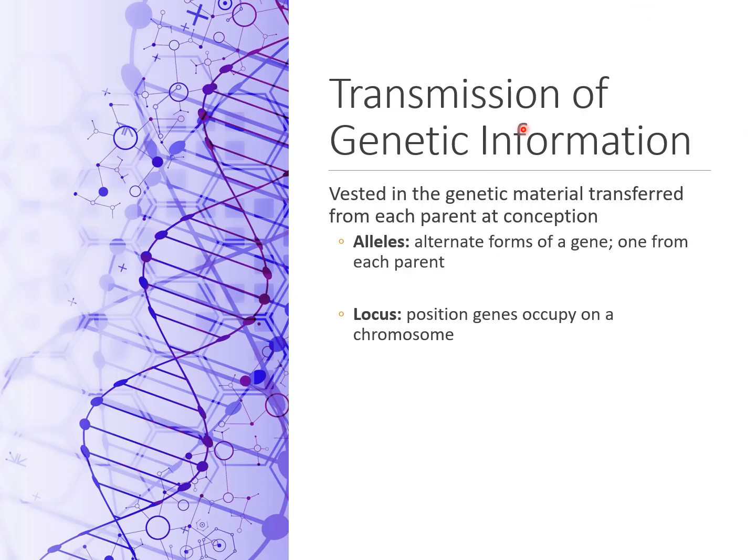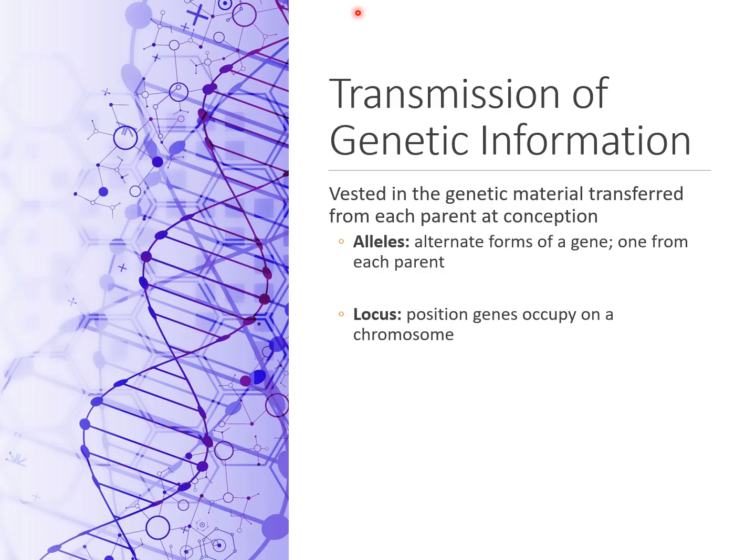So other things to think about, some terminology pieces, and how genetic information is transmitted. The position of a gene on the chromosome itself is called a locus, and alternate forms of a gene at the same locus are called alleles.